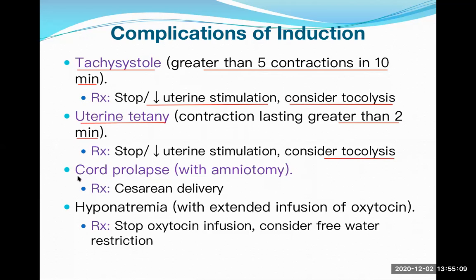Another important complication may be cord prolapse. It is strongly associated with amniotomy or artificial rupture of the membrane. And if cord prolapse occurs, only one option is left with you, that is cesarean delivery. Don't neglect it. Don't do all those procedures which you have learned before, like knee-chest position or something like that. These are not helpful here. As quickly as possible, the baby must be delivered.